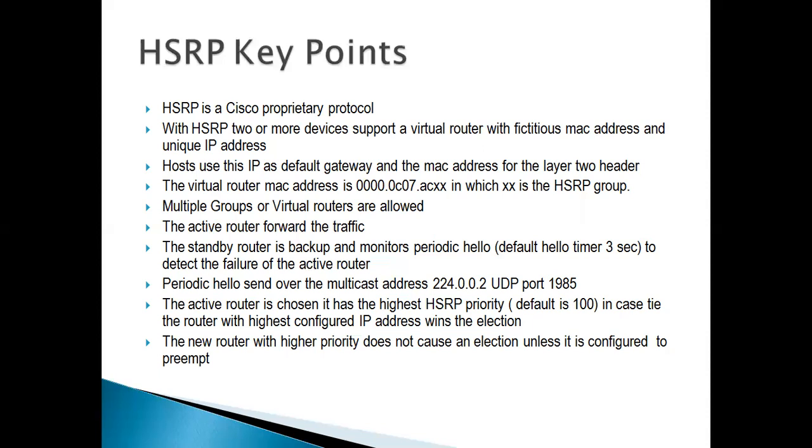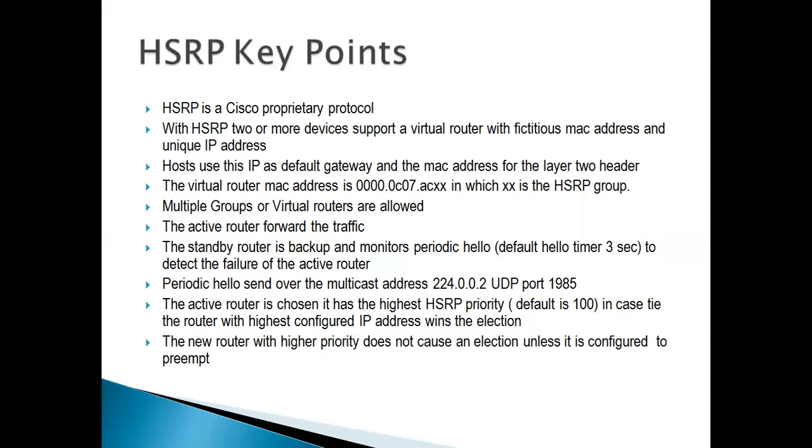Periodic hellos are sent over a multicast address. It is a multicast address because HSRP is configured on more than one L3 device, and the group receives hello messages from each other.